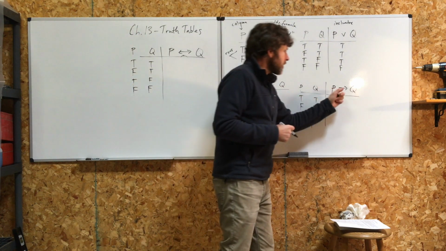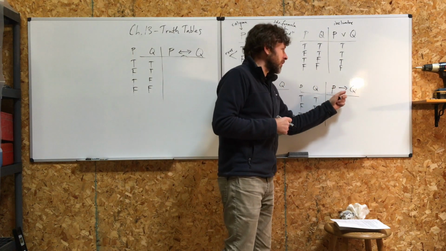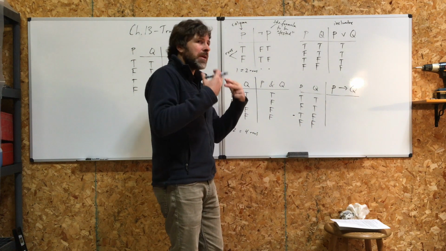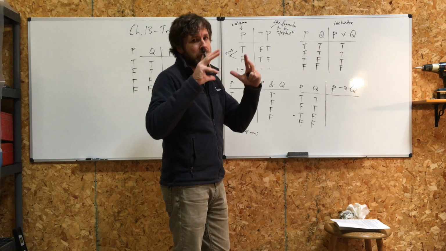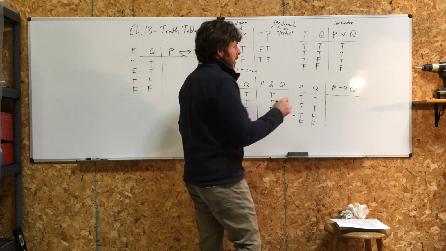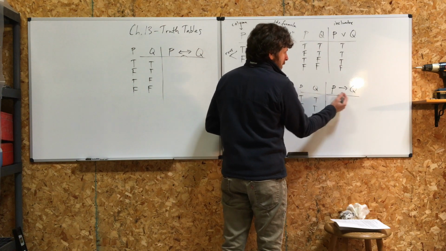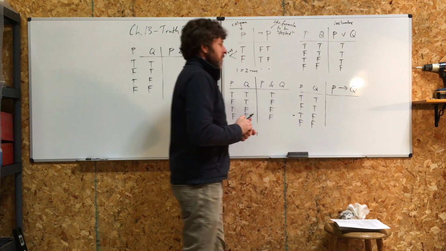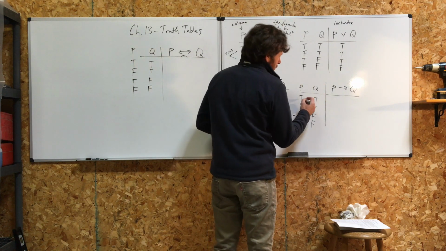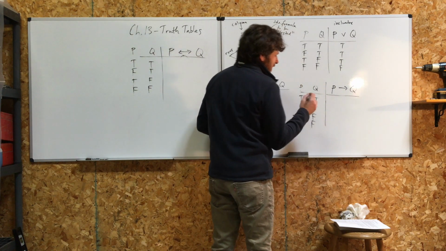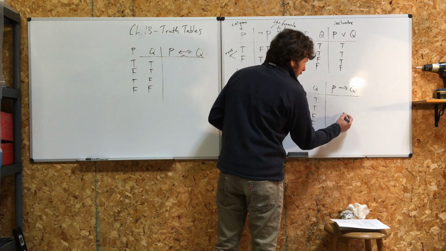All right, let's get to the conditional statement. Conditional statements are a little bit trickier. It's truth-tabled in kind of a counterintuitive way. There's a reason for it, which we'll get to in a short video I'll post later. Okay, conditional statement, we have, remember, an antecedent and a consequent. It is true in all situations except when the antecedent is true and the consequent false.